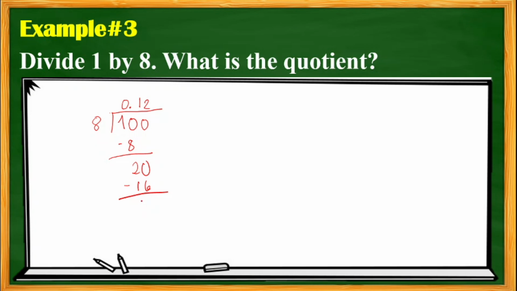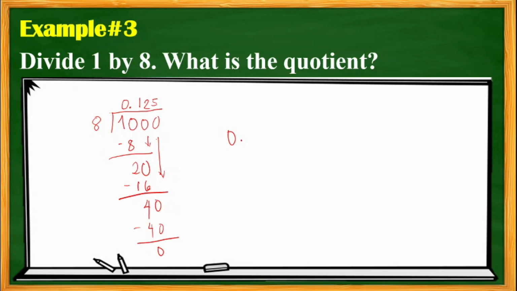And then 20 minus 16 is 4. Then add 0. Bring down 0. So 40 divided by 8 is 5. Then 5 times 8 is 40. So subtract, 0.